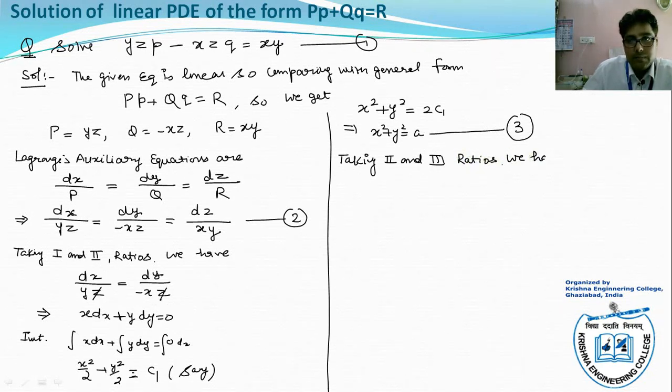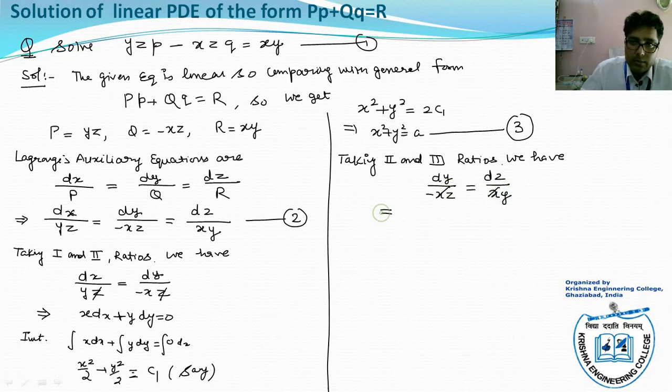Second ratio is dy over minus xz, and the third ratio is dz upon xy. Here x is common, so cancel it out, and cross multiply these, we get y dy plus z dz is equal to 0. Clear?